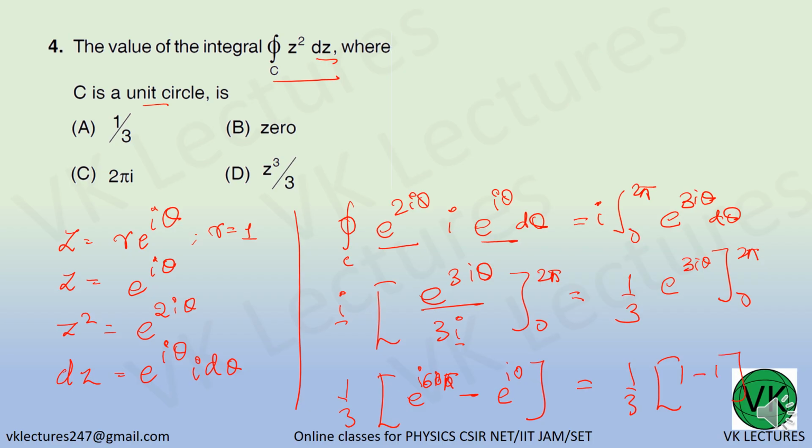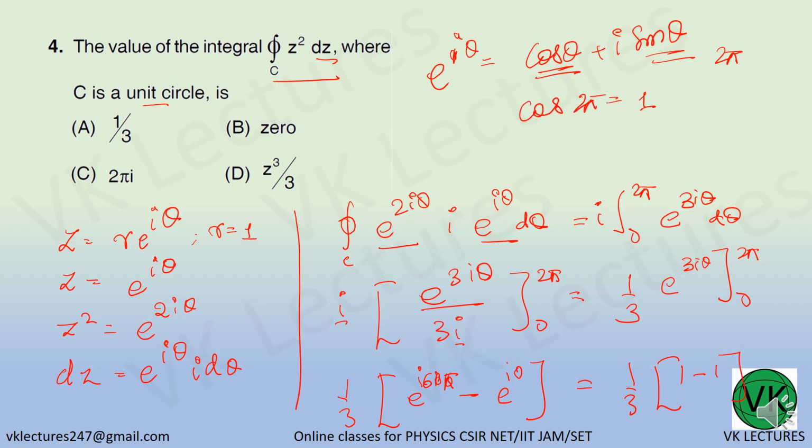How will we write e power i theta? e power i theta is nothing but cos theta plus i sin theta. So since it is a 2 pi value, sin theta will get removed. cos 2 pi is nothing but 1, cos 0 is nothing but 1, cos 6 pi is nothing but 1. Okay, so 1 by 3 into 1 minus 1, which is equal to 0. So your answer is option B, 0.